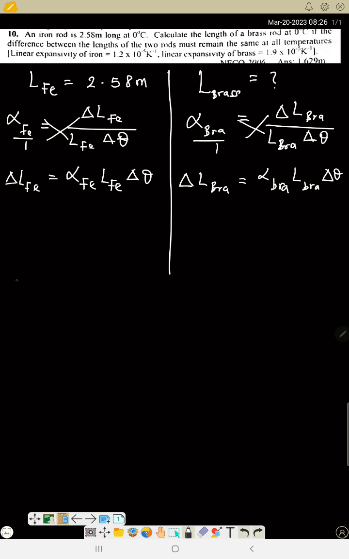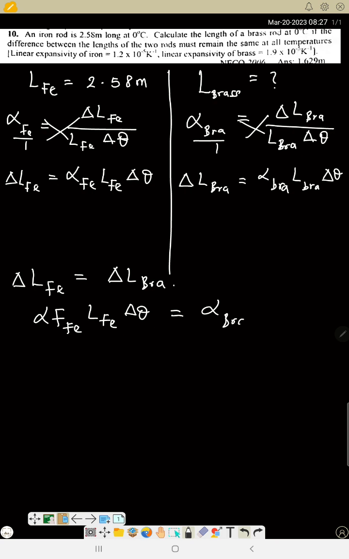It means change in length for iron is equal to change in length for brass. So our change in length for iron is alpha for iron, length for iron, change in temperature, which will be equal to alpha for brass, length for brass, times change in temperature.